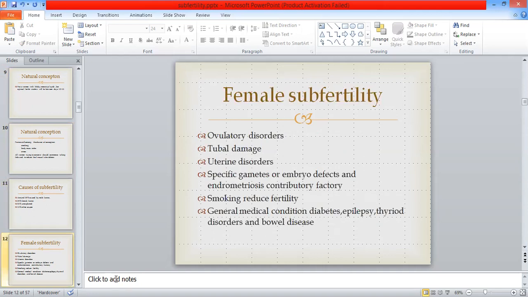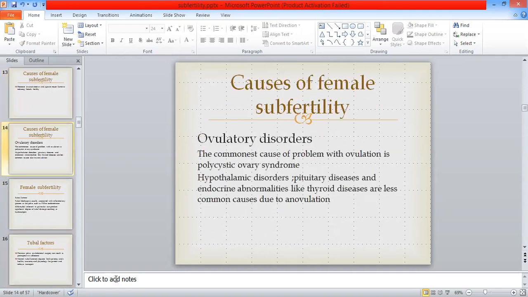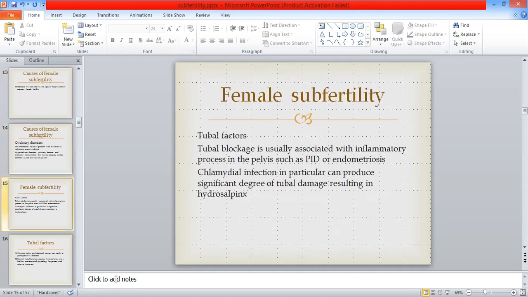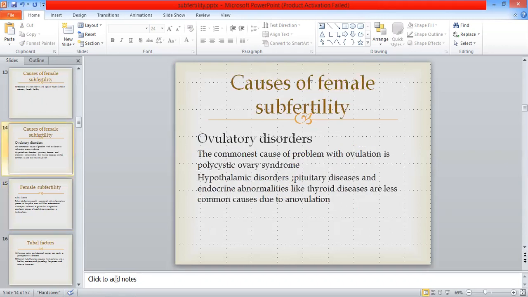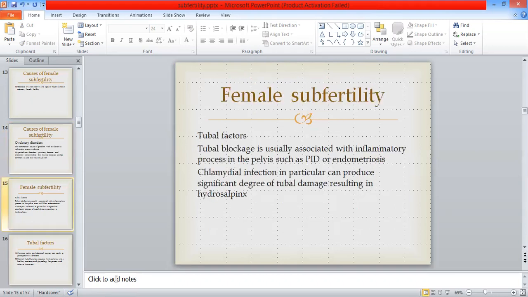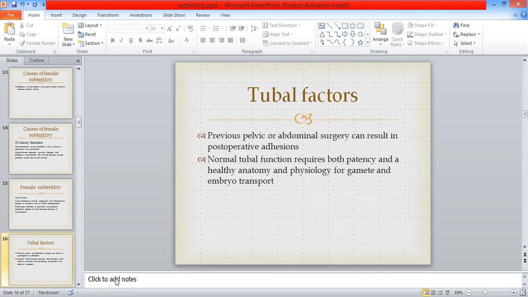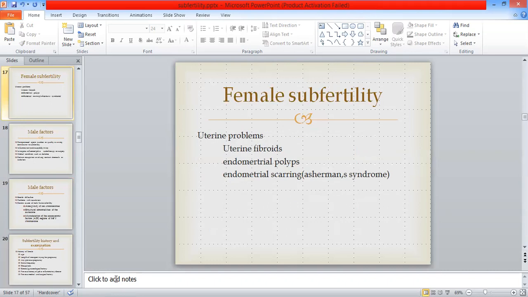You should watch the previous slides in detail on the causes of female subfertility, which, as I have already told you, are ovulatory disorder, tubal factor, and other problems. Understanding the causes of subfertility is important because the investigations we prescribe to patients suffering from subfertility will be directed towards the causes. For different causes of subfertility, different investigations will be prescribed.